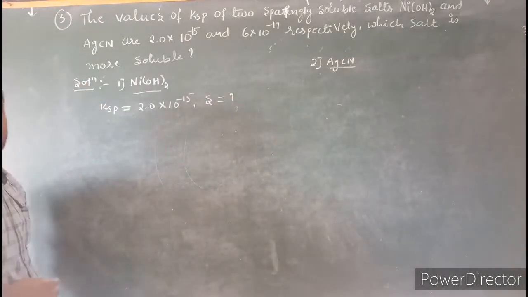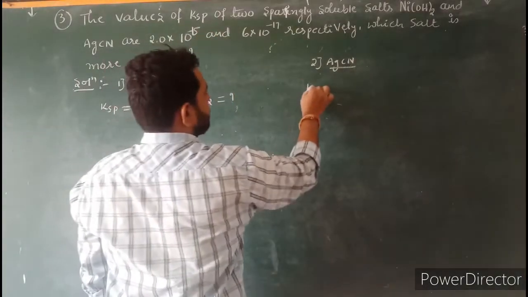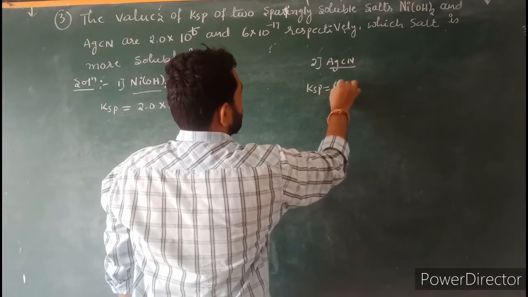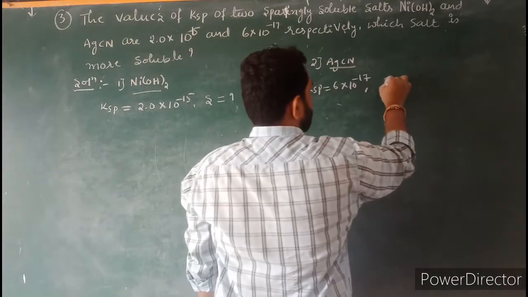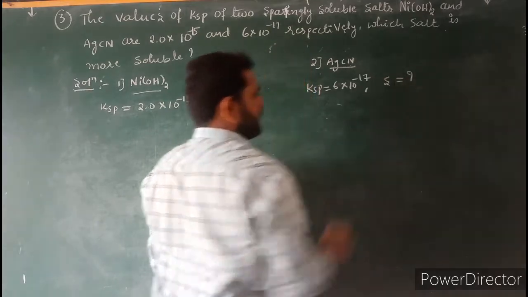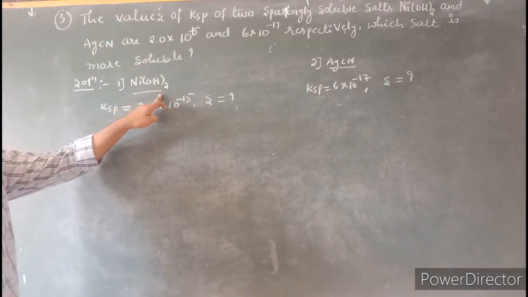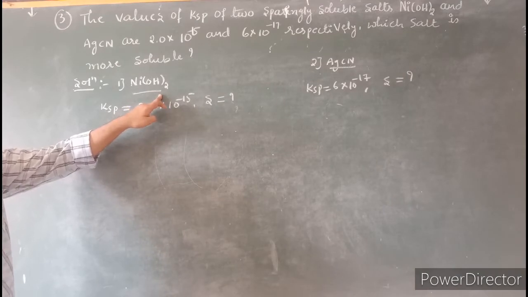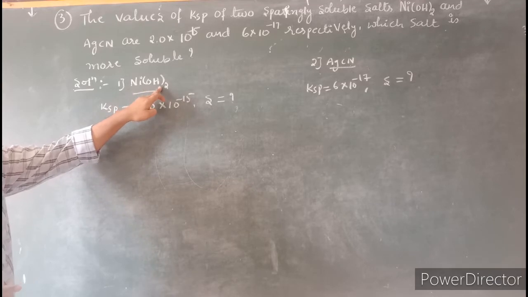Next, for silver cyanide also the Ksp value is given. The Ksp value is 6 into 10 power minus 17. Here also we have to calculate solubility. Now, nickel hydroxide is an AB2 type of electrolyte because for one nickel atom there are two OH groups.